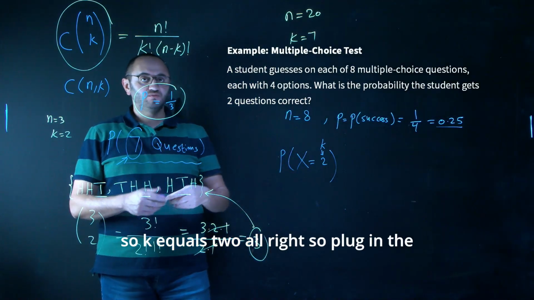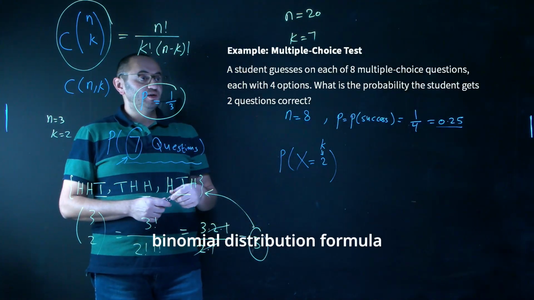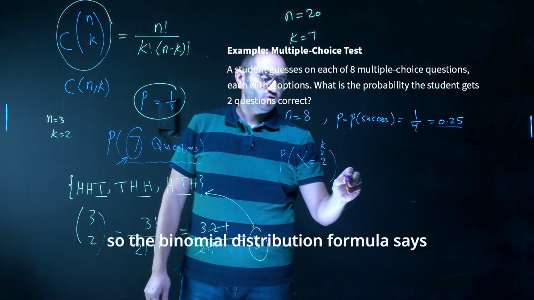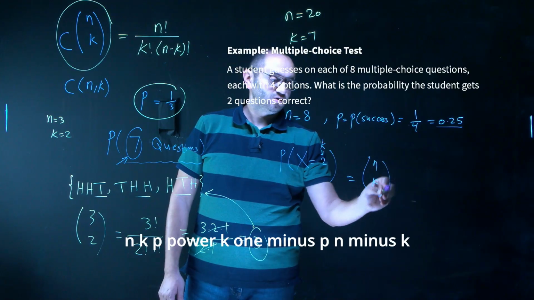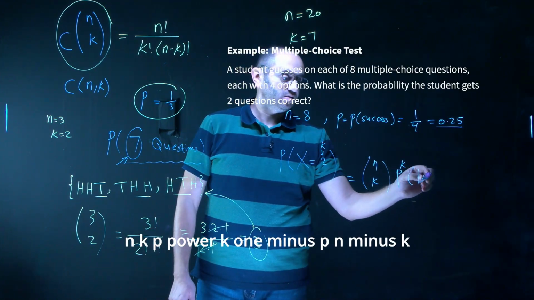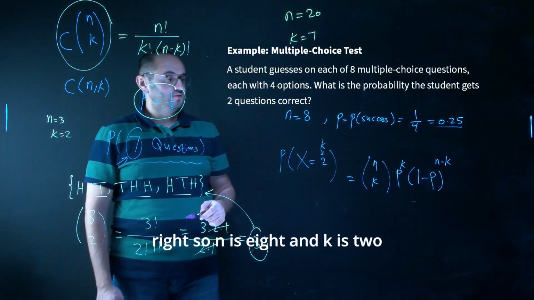All right, so plug in the numbers in the binomial distribution formula. So the binomial distribution formula says n choose k, p to the power k, times 1 minus p to the power n minus k. Right?